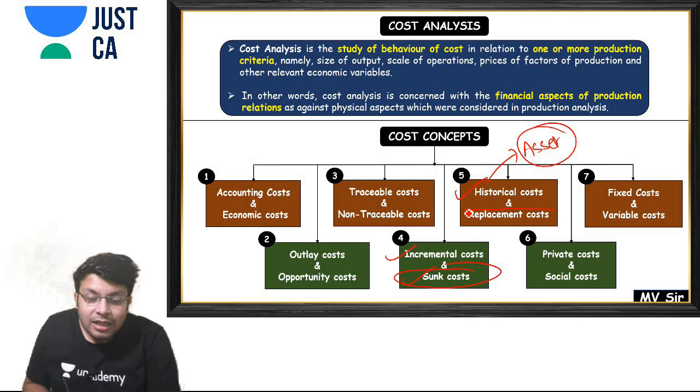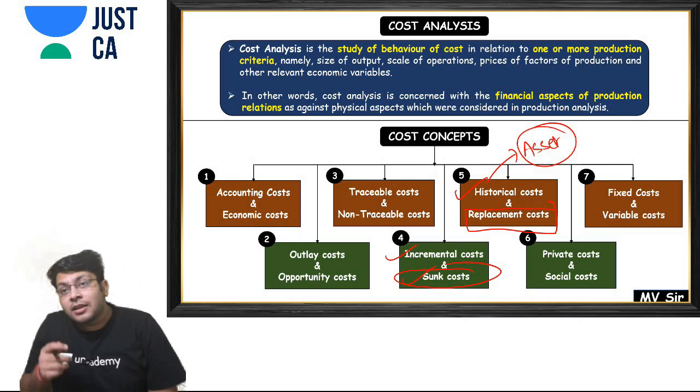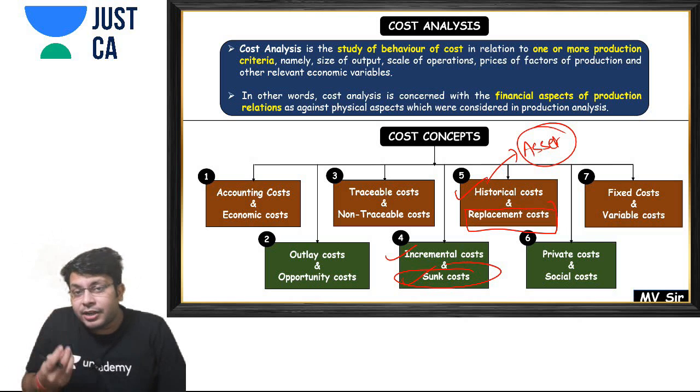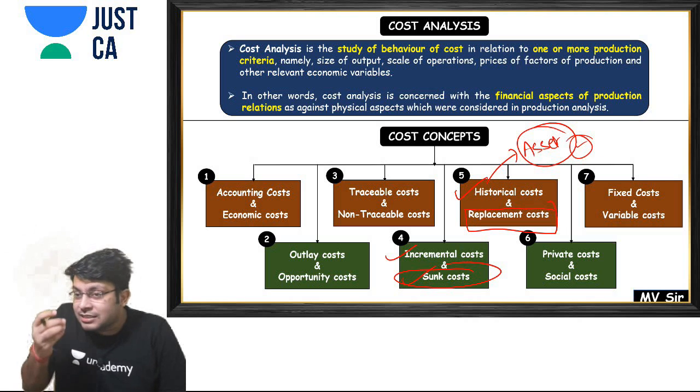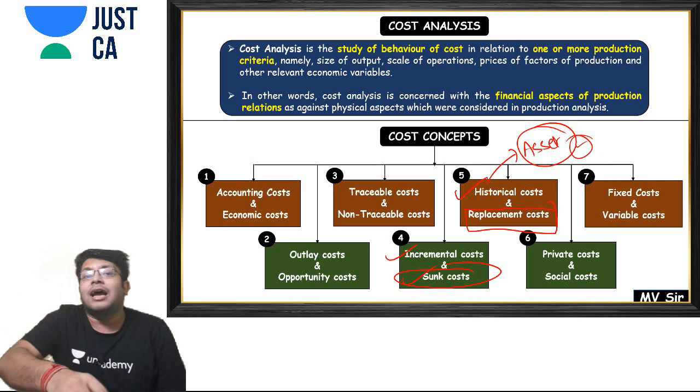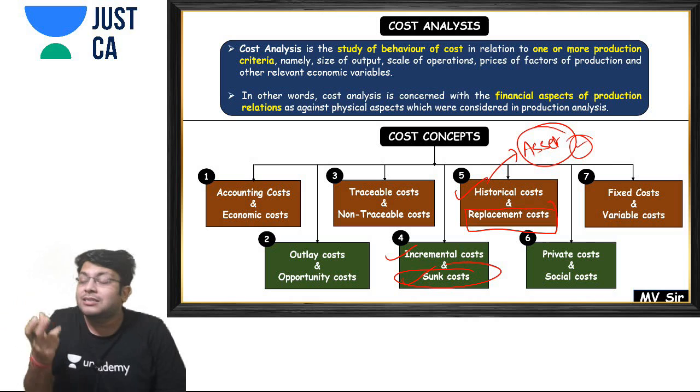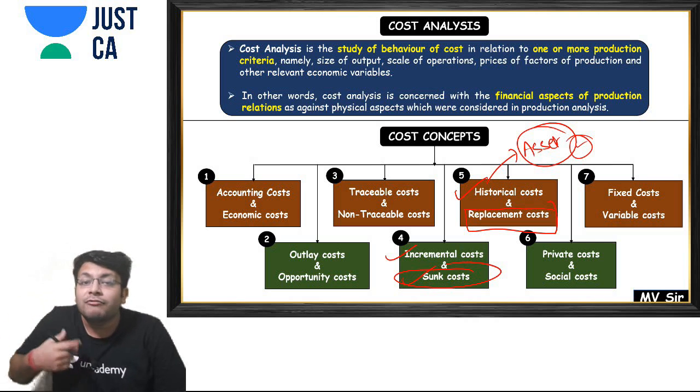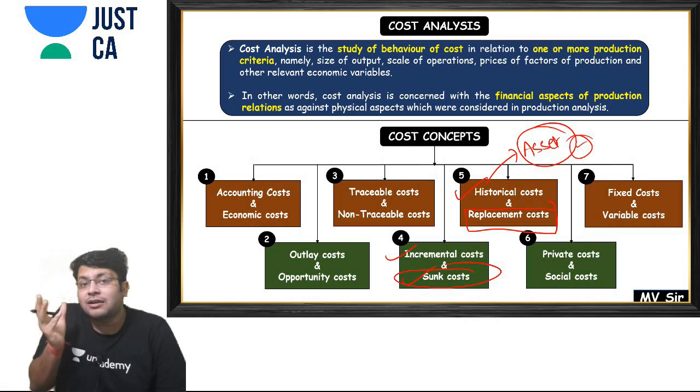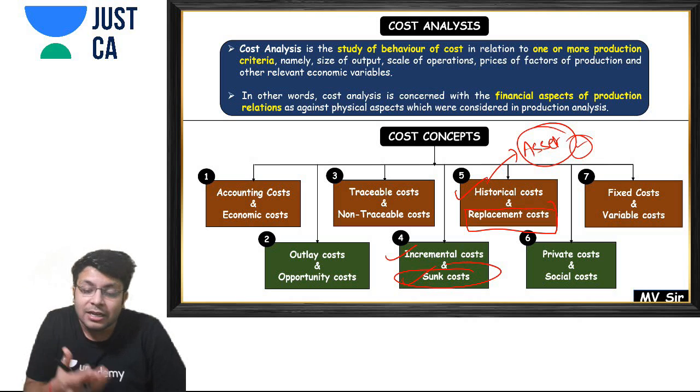And my friends, the next is replacement cost. If you want the same new asset, like the asset you earlier purchased, from the market at that point of time, then what will be the cost of buying the same new asset from the market? That would come under your replacement cost.